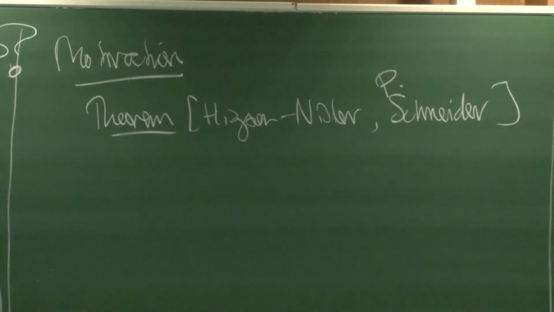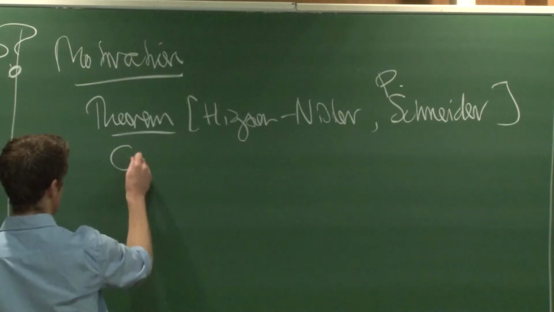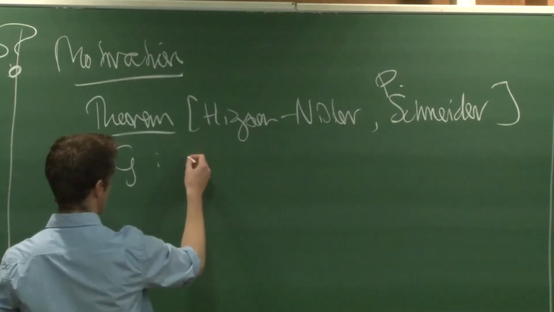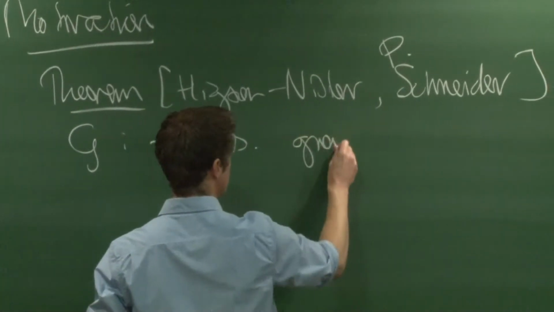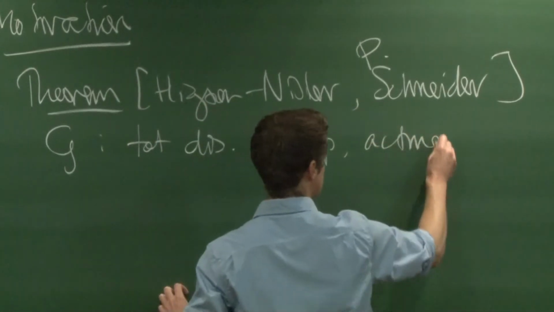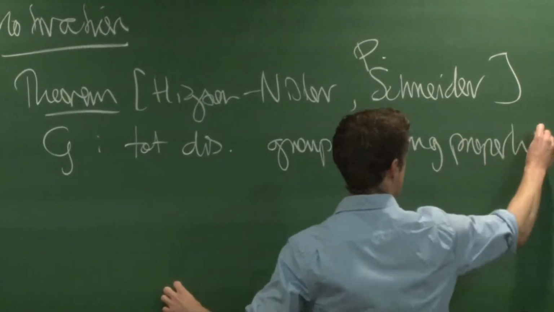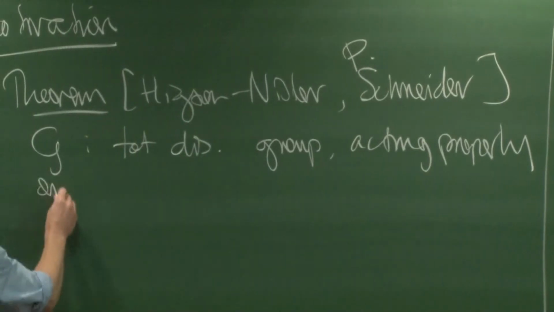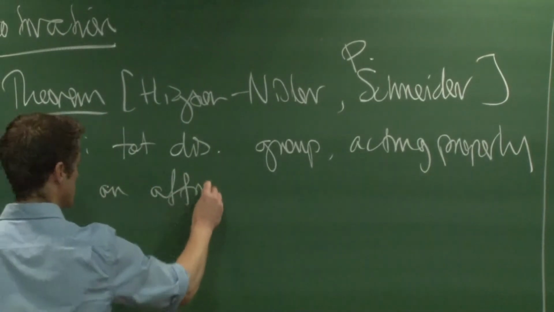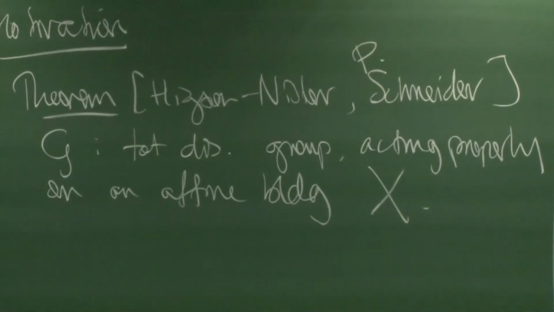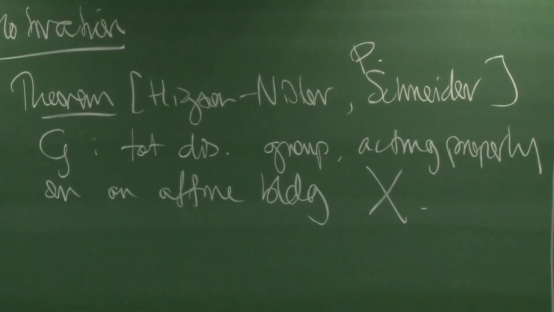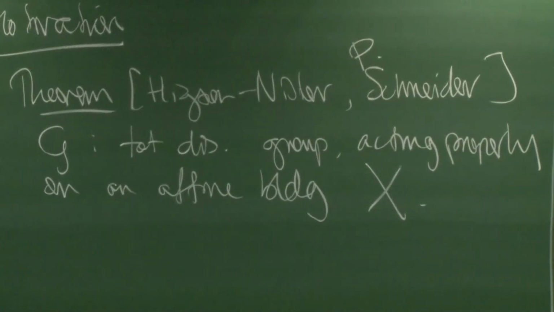It's a theorem by Nigel Higson and Victor Nistor, and independently by Peter Schneider, about 20 years old. It says the following. Let curly G be a locally compact, totally disconnected topological group, acting properly on an affine building X. Okay, so the example that many of you will want to keep in mind is a reductive group acting on its Bruhat-Tits building.